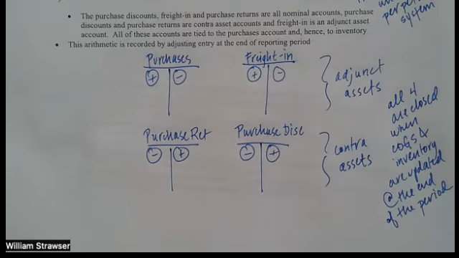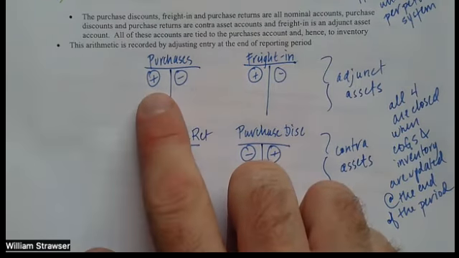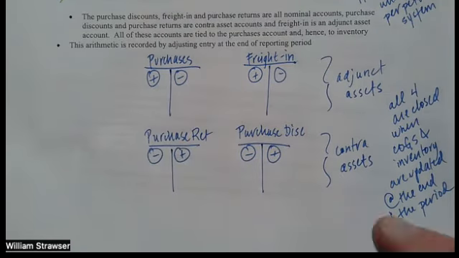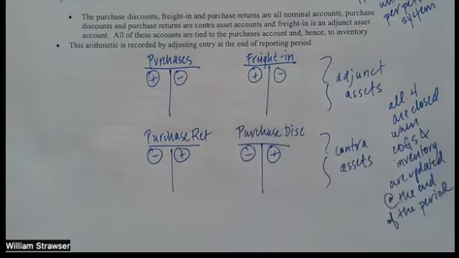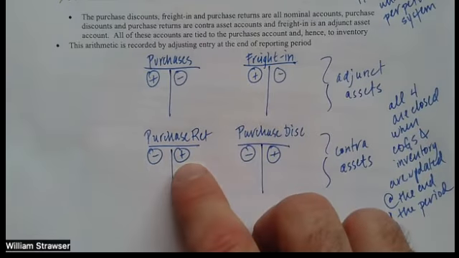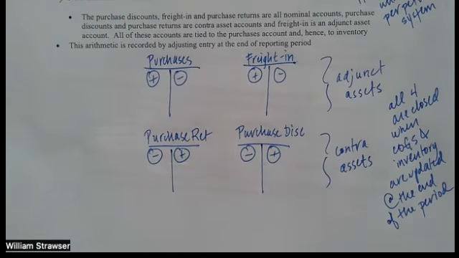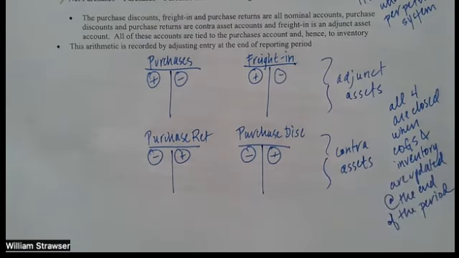Very easily. When I purchase something, I debit inventory. When there's additional freight costs, I debit inventory. When I return something, I credit inventory. And when I take a discount on a good that I purchased, I credit inventory.